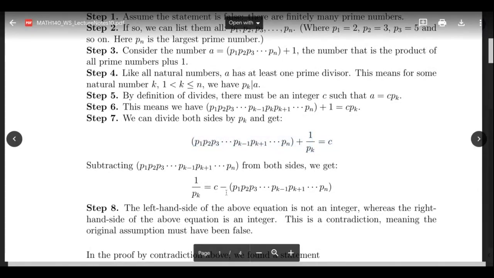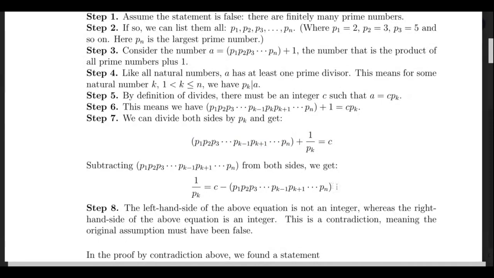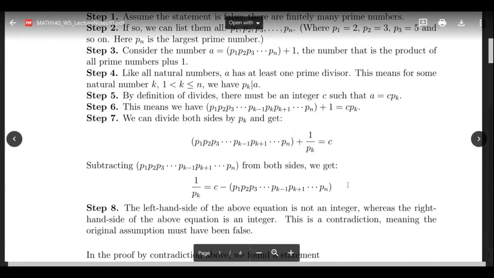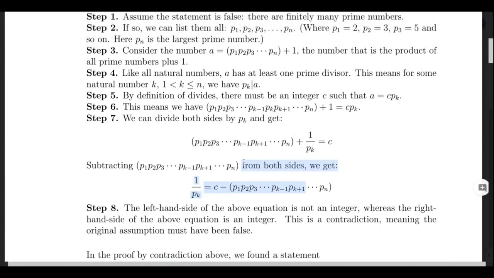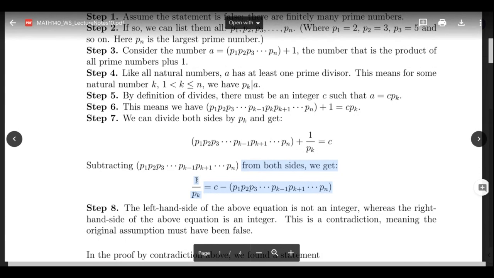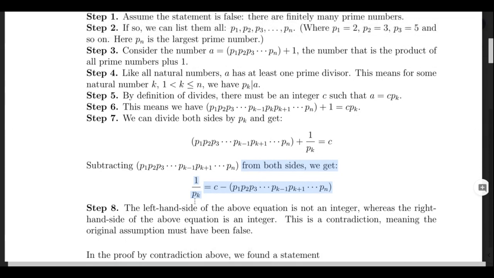So we get 1 over pk, and we get a contradiction. Where is the contradiction? On the left-hand side, 1 divided by pk. Think about pk: it could be 2, 3, 5, 7, and so on. So 1 over pk is not an integer, it's a fraction.